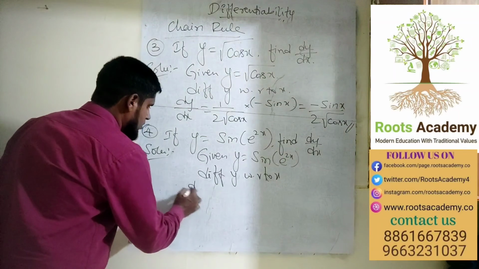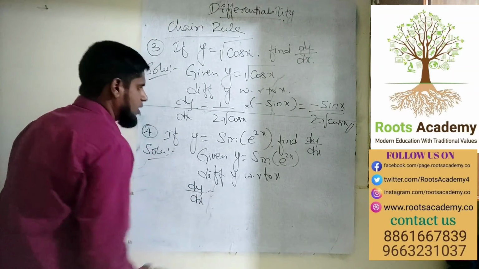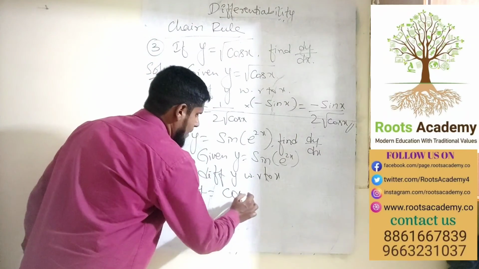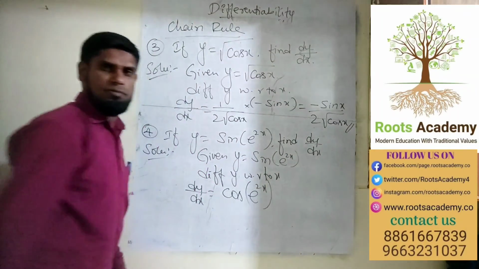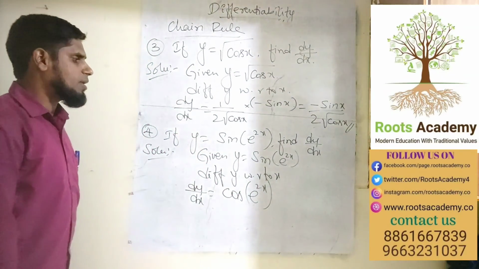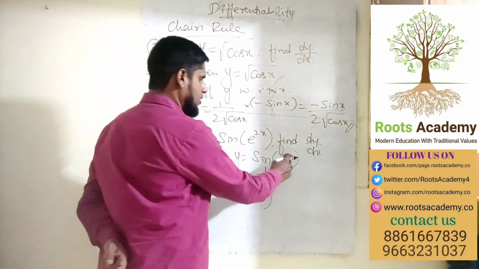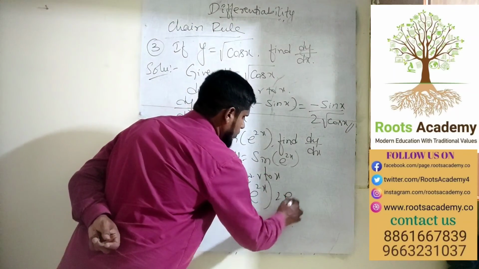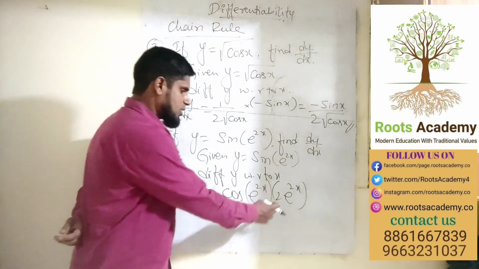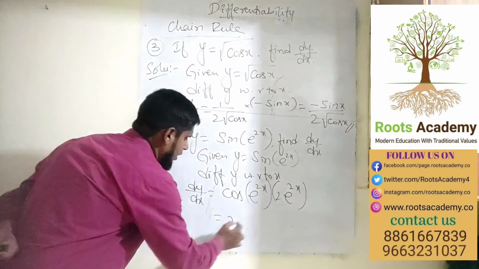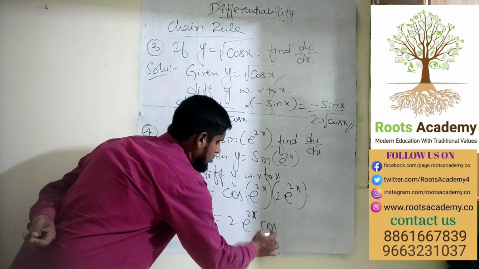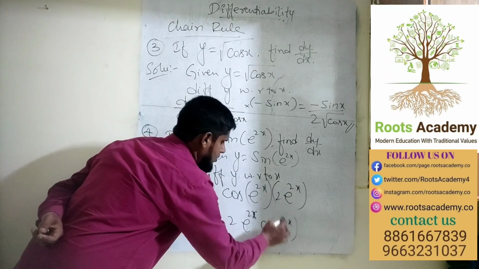Then this becomes dy by dx is equal to derivative of sine is cos e power 2x as it is. Next, derivative of e power 2x. That is this time e power ax, as I said, a is any real number. This can be written as 2 into e power 2x. If you want to write this in a proper form, then we can write 2 into e power 2x into cos e power 2x.